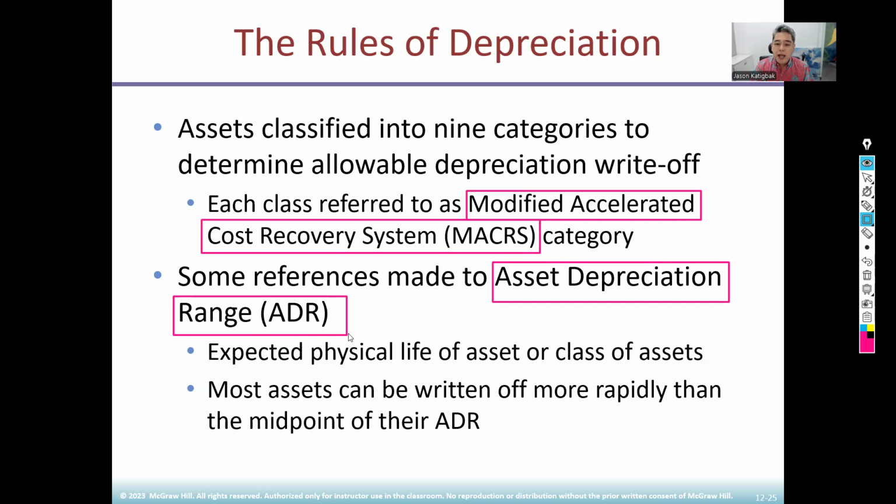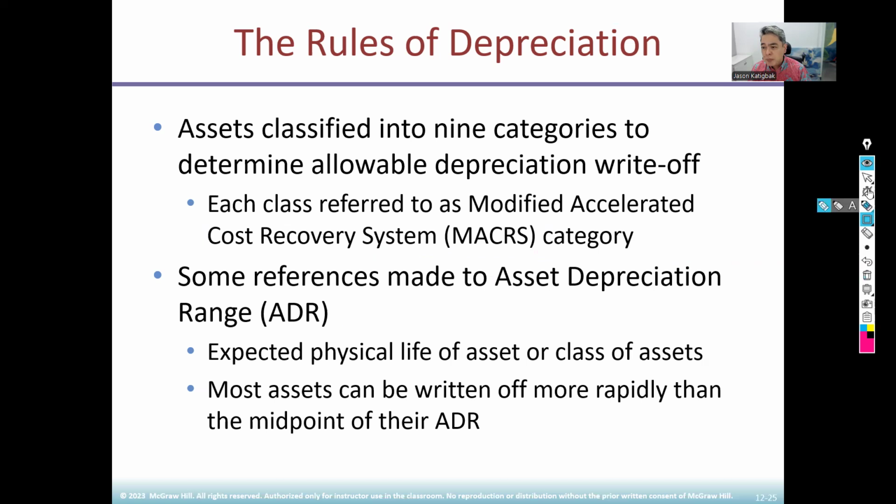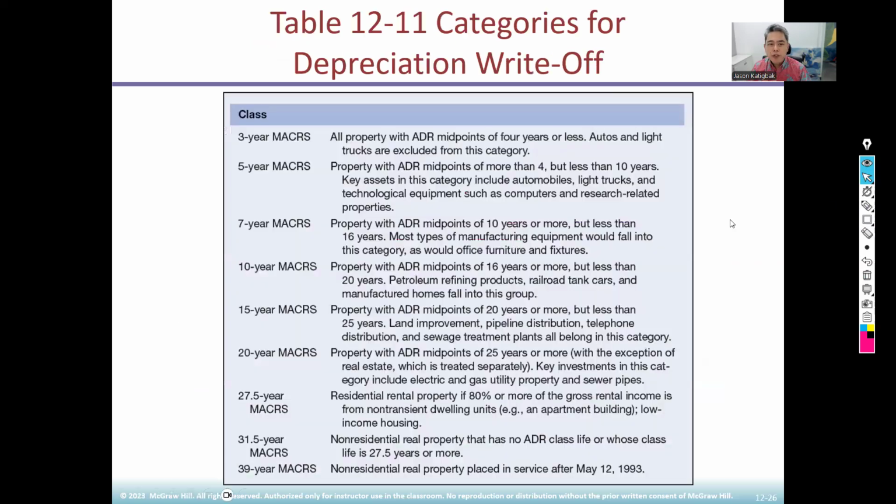We would have a different asset depreciation range depending on the life of the asset. Then we will be given a different number of years. This course would not make it complicated for you to classify through an ADR for the MACRS. It will be given to you as a problem, right? In the problem, it will be identified. But I just want to make sure that you know that there is a method to it.